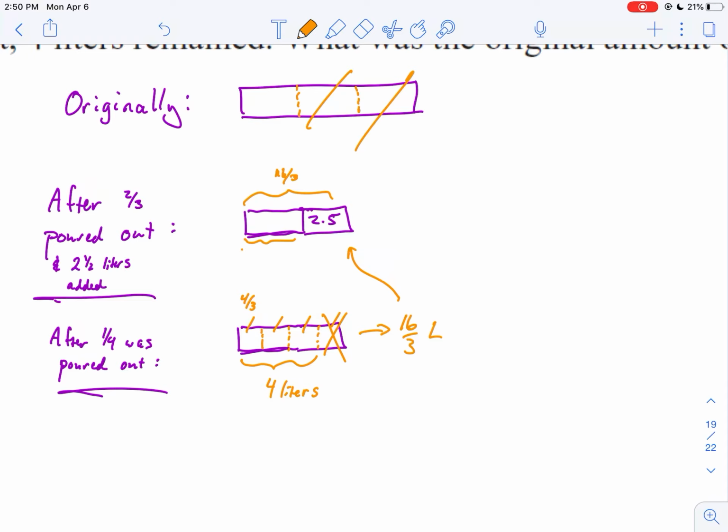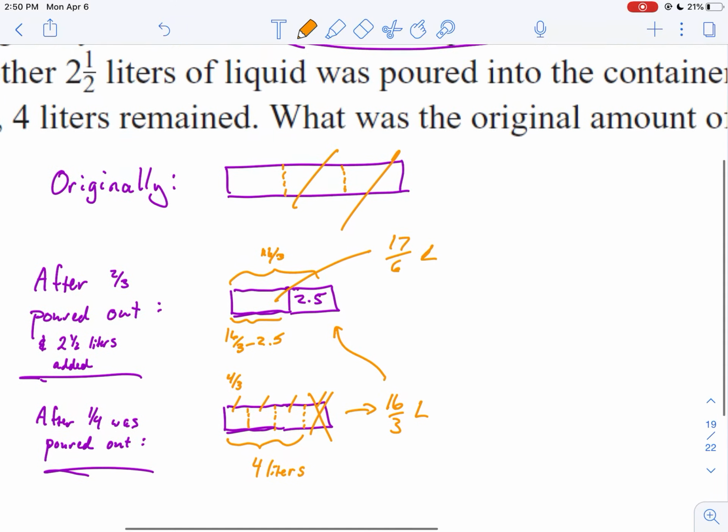So if I want to know what this part is here, I've got to take 16/3 minus 2.5. So 16/3, I'm doing it in my calculator, minus 2.5, change it to a fraction, I get 17/6. So this little piece here was 17/6 of a liter.